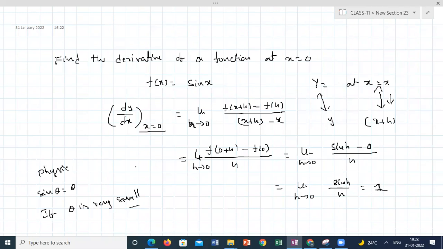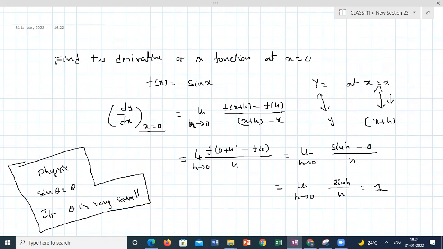Anyone, students? Can anyone remember this concept, anywhere you saw it in physics? When theta is close to 0, sin theta can be written as theta. Tan theta can be written as theta. Can anyone recollect? Students, please respond.